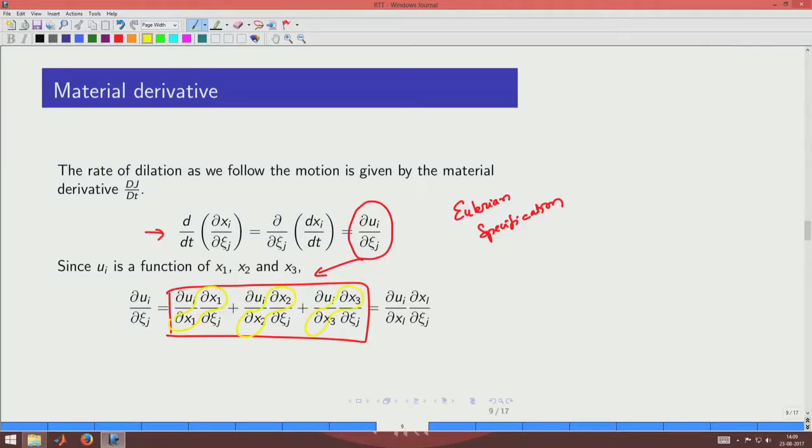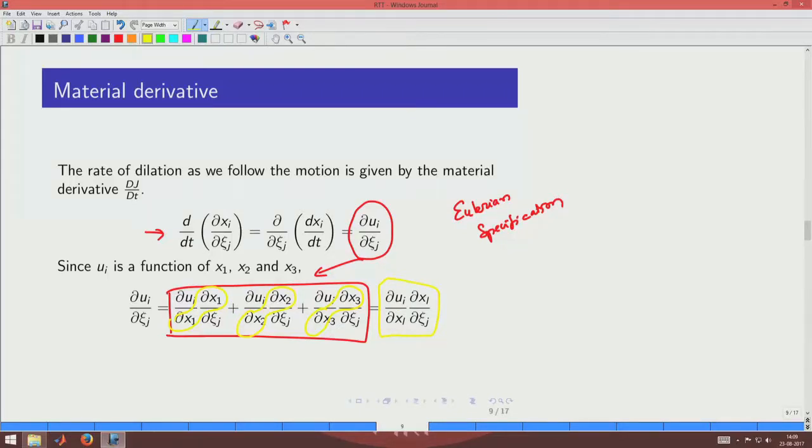Now, once you have the chain rule, you can also see that there is a summation, which means that we can use subscript notation to simplify. So, we choose an index which we did not use in other contexts: the dummy index l. With the dummy index l, we write the expression very simply: ∂u_i/∂x_l times ∂x_l/∂ξ_j. It is a matrix of 9 elements varying with i and j taking values from 1 to 3, and l is telling the summation. So, we have the summation coming here.